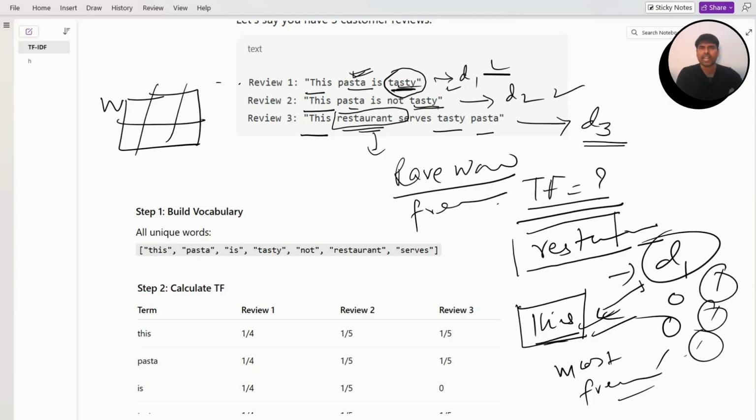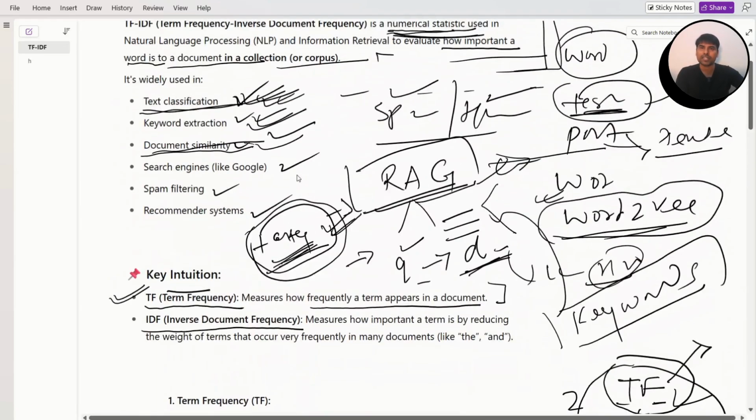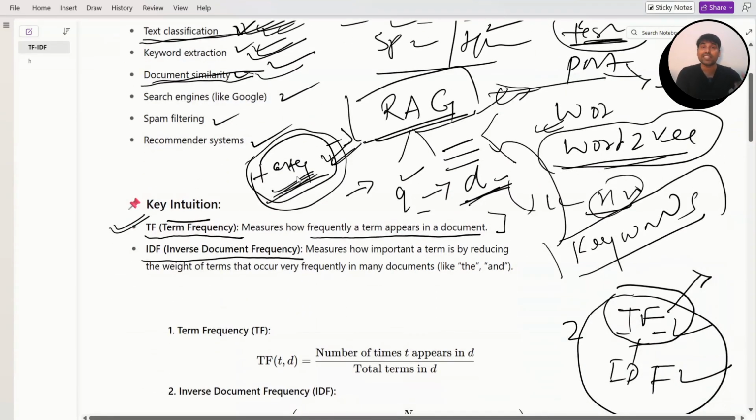So it will give some idea about the density or distribution of the given keyword in the documents. Term frequency tries to find the density, distribution, repetition or occurrence of a given word in a given document, right?